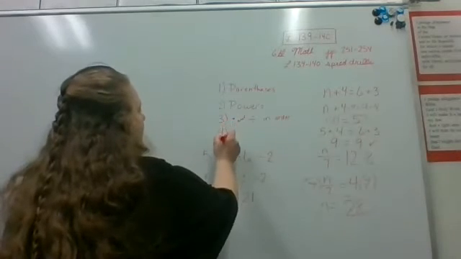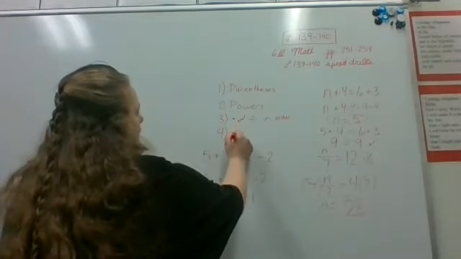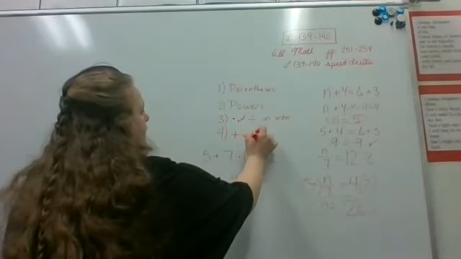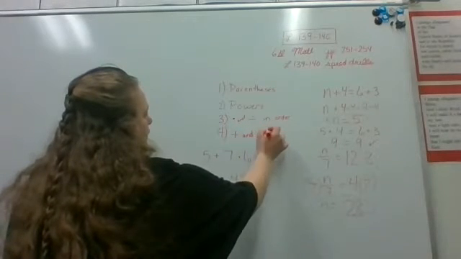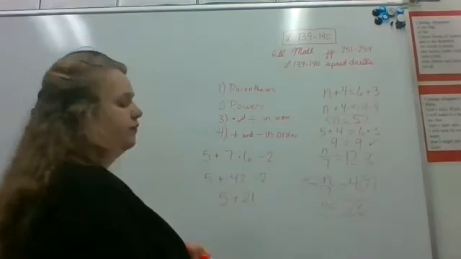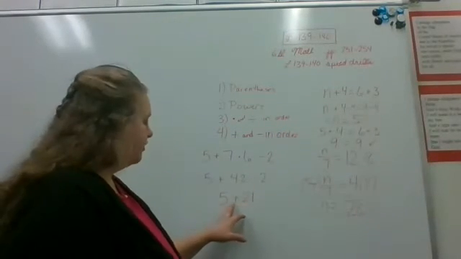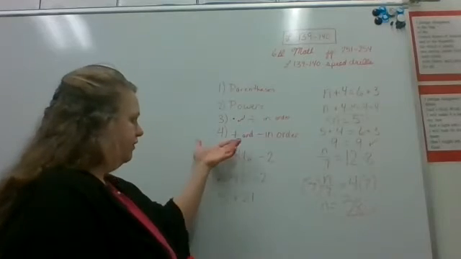Okay, the 4th thing that we do is addition and subtraction in order that they come, okay? Now, we have 5 plus 21. It's the last thing that we can do, right? And that's what we do.